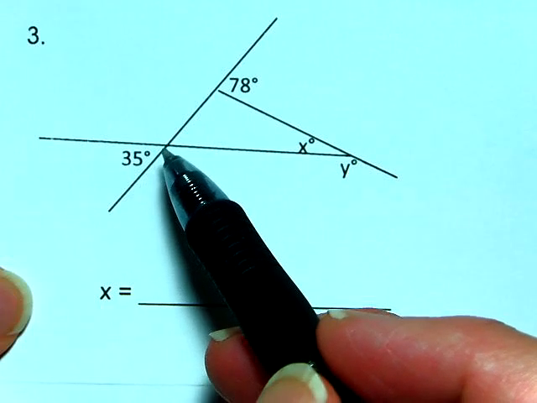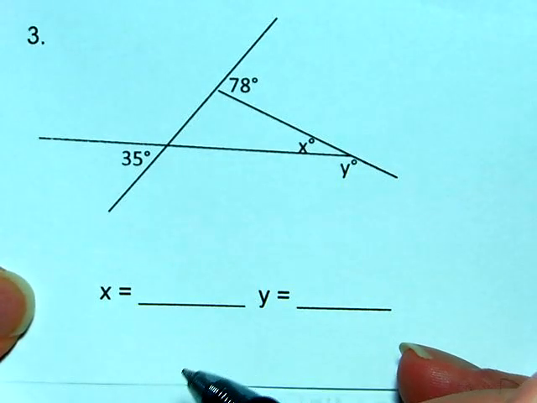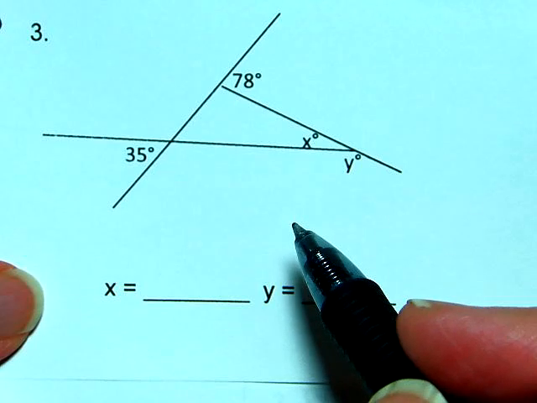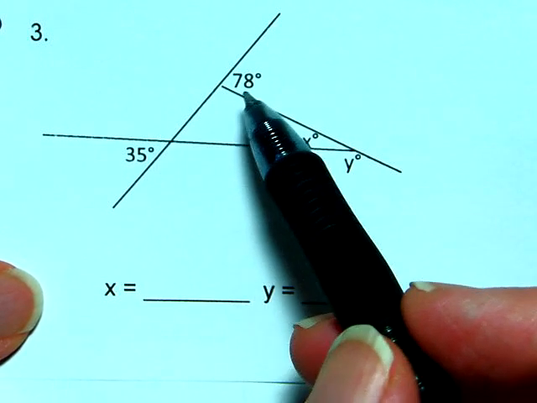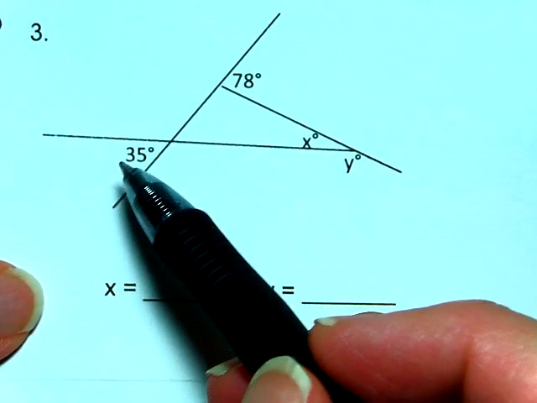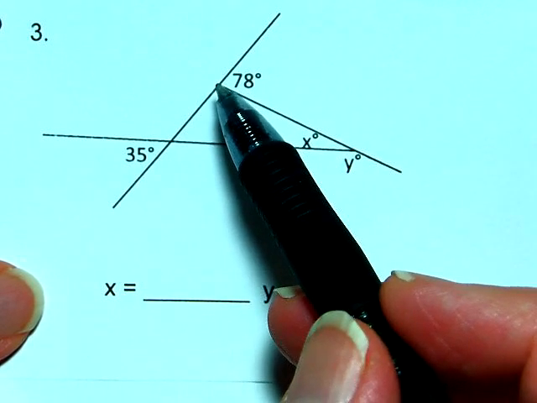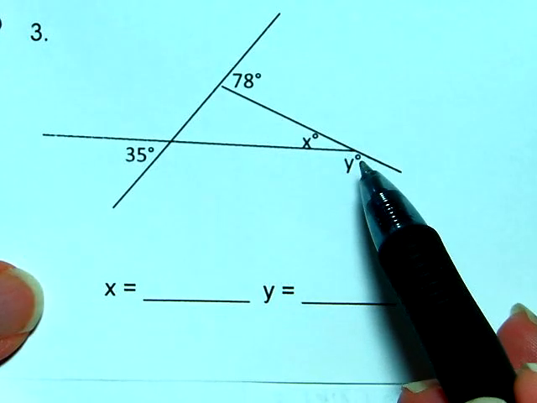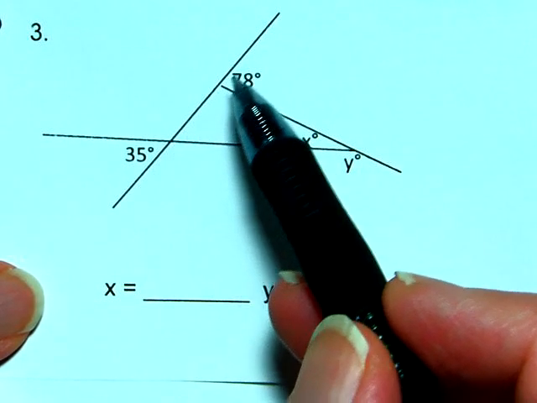Is this 35 degrees an exterior angle or not? It's not. If you thought it might be, I could understand how you might be fooled, but notice the difference between an exterior angle and one that is not. The 78 degree angle is formed by a side of the triangle, this right slanted side, along with the extension of an adjacent side.